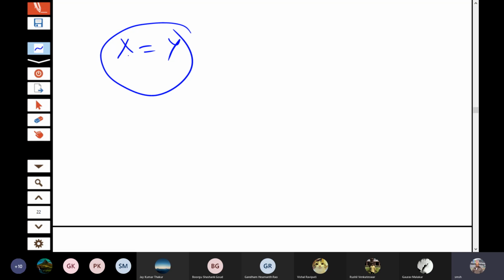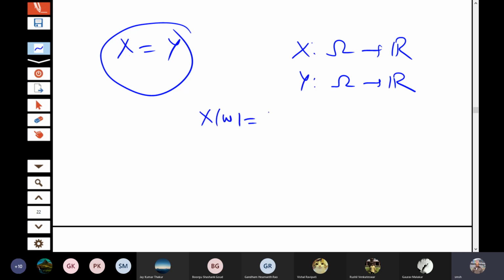X is a function from omega to R. Similarly, Y is a function from omega to R, isn't it? So what is the meaning of X equals Y? That means X(omega) is equal to Y(omega) for all omega. Yes, sir, this is pointwise equivalence.